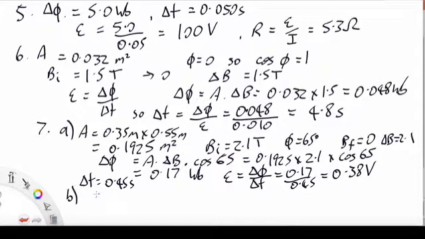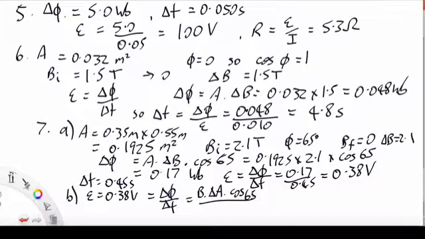Now for part B, we have the same EMF, 0.38 volts. And we are back to our original field of 2.1 Tesla, so we have E equals delta phi over delta T, which is B times delta A times cos 65 over delta T. So that is 0.38.